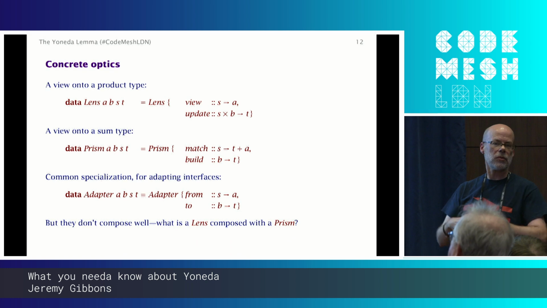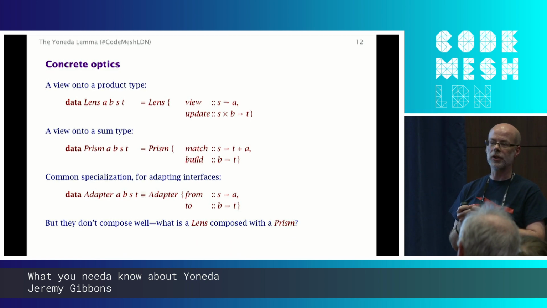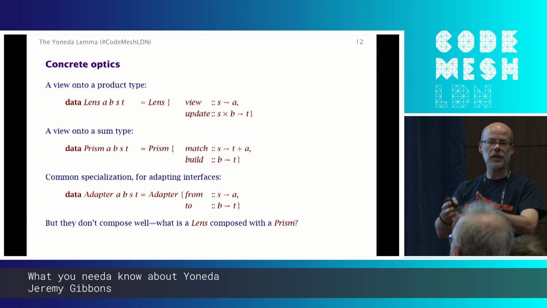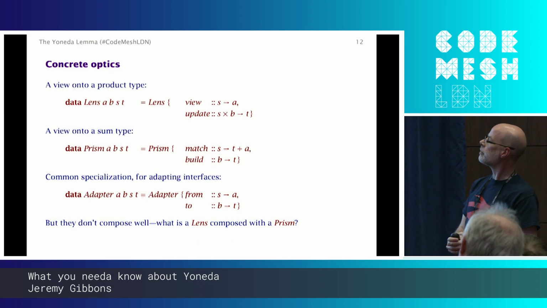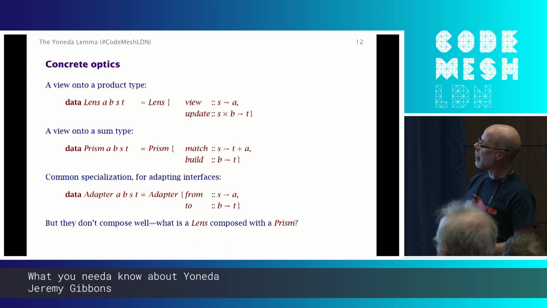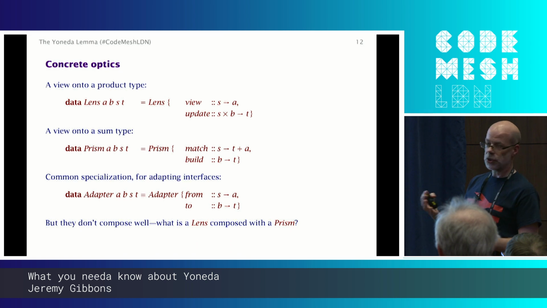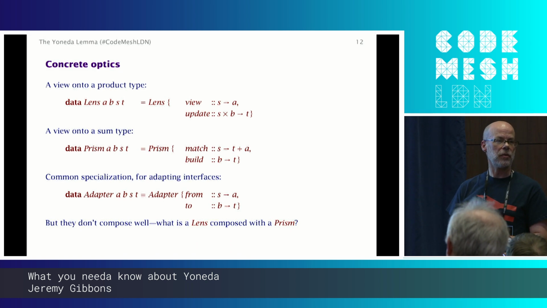Think about, let's say, pairs and their left-hand component. You can project out the left-hand component of a pair, change it into some new value, and put it back in, overwriting the old left-hand component of the pair to get a new pair. This is a way of viewing a component of a product type. A pair is a product type. There's a dual, which is viewing components of a sum type.